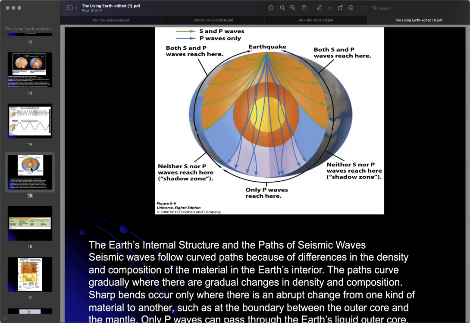So the S waves can only go through solid material. They cannot travel through liquid, and that's why they are stopped and they don't reach the other side. The P waves travel from one medium, such as a solid medium, to a liquid medium, and then from liquid to solid again, because the core has two parts, the inner core and outer core.